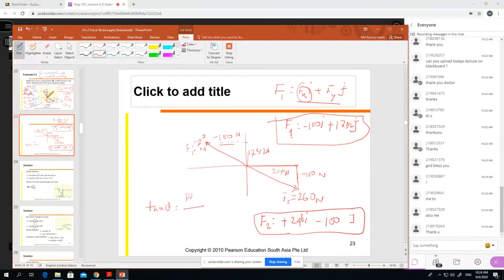Perpendicular over base? Sine over cosine, right? Yes. Tan is sine divided by cosine, right? Yes. All right.